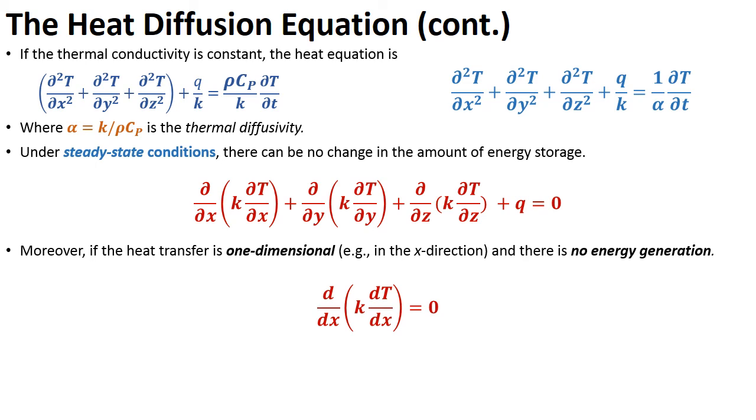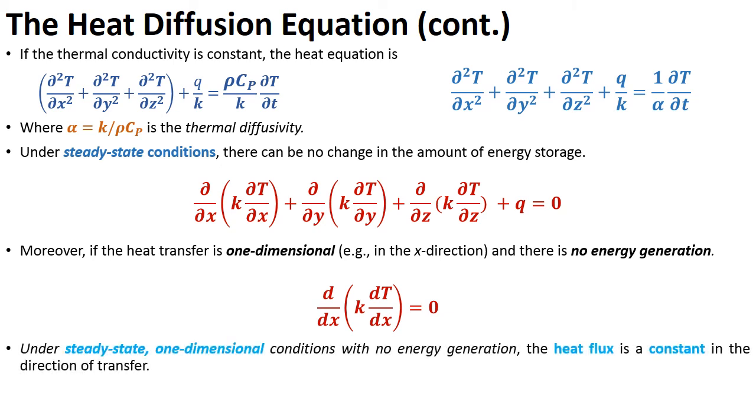Here the partial differential is converted into a full differential. Or we can write that under steady state, one dimensional condition and no energy generation, the heat flux is constant in the direction of transfer, dq_x double dash over dx equal to 0.